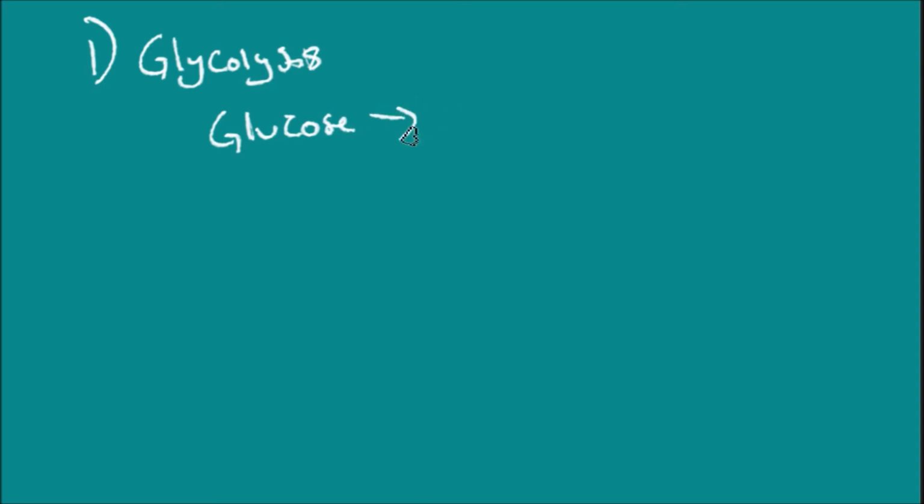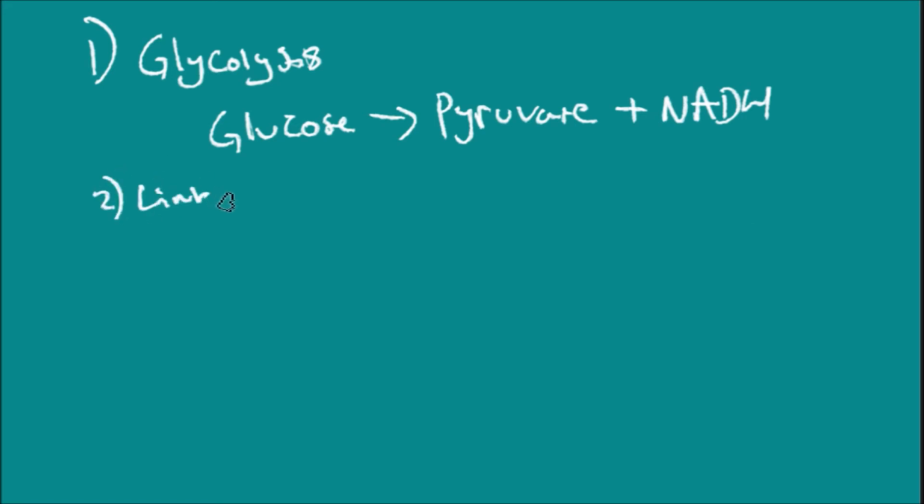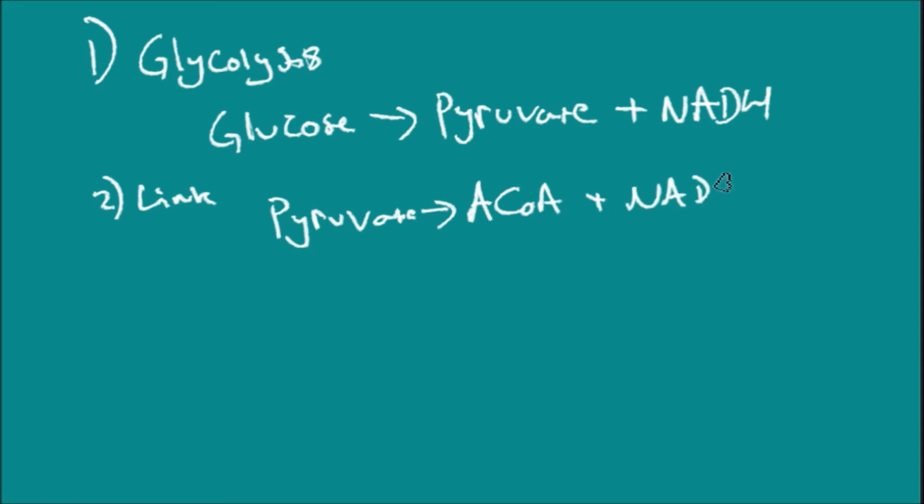So, just to run through aerobic respiration, we have glycolysis, and that's glucose to pyruvate. And then that also generates NADH. That'll go to the last step. We have the link reaction, which is pyruvate, which forms the important acetyl coenzyme A, plus more NADH, which goes to the last step.